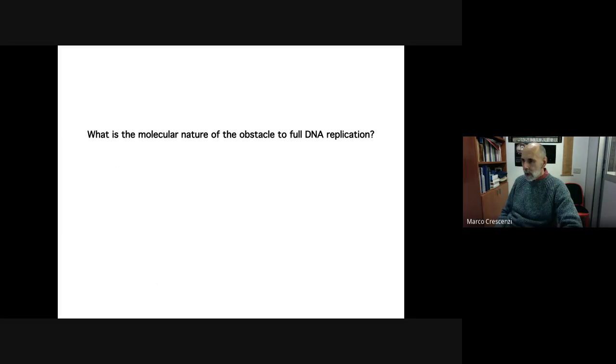And so we divided the potential answers into two classes. We thought DNA replication can be hindered by either functional obstacles or by structural problems. Now, by functional obstacles, we mean whatever doesn't function properly in the myotubes at the molecular biochemical level.